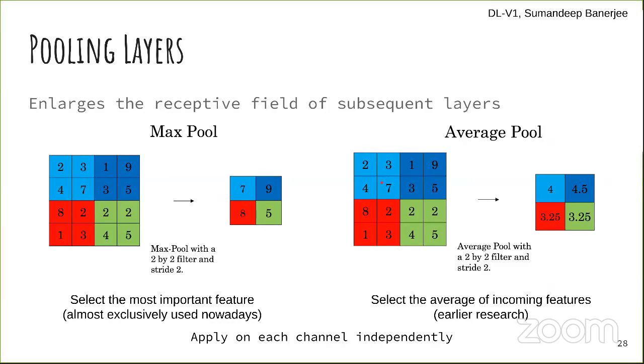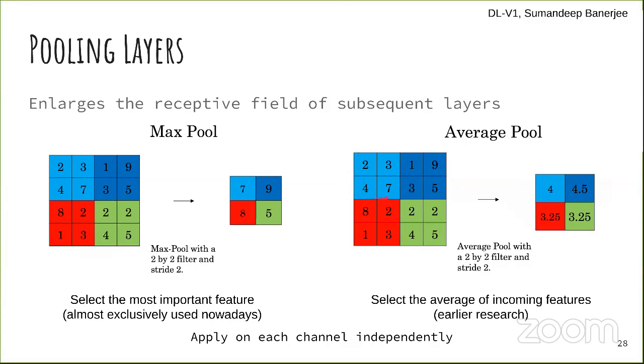In the literature, about 20 years back, average pooling was the de facto thing which was used. What it basically does, if you apply this filter, is a simple summation, and computes the average value within its region and outputs it.